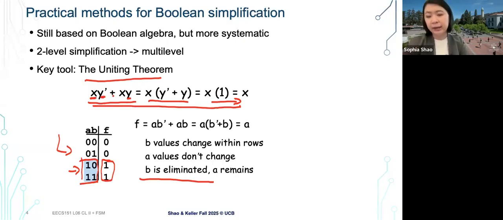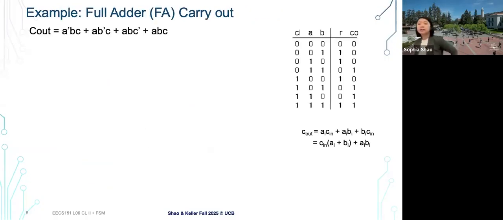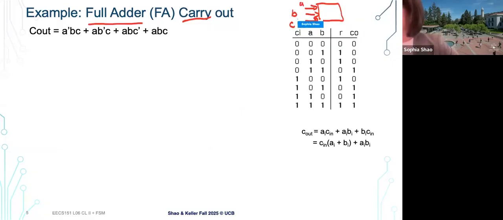When you apply Boolean theorems to do optimization, you will see this come in pretty handy in a lot of cases. One example: let's say we want to derive the carry signal of our full adder. We have A, we have B, and we have the carry in from the previous stage.